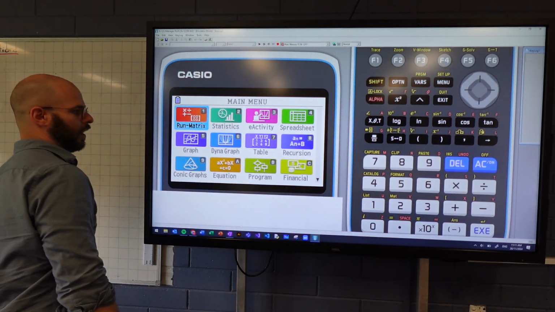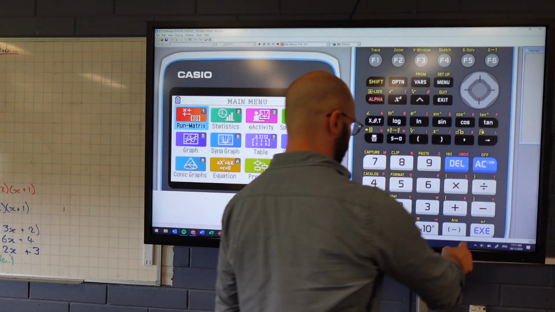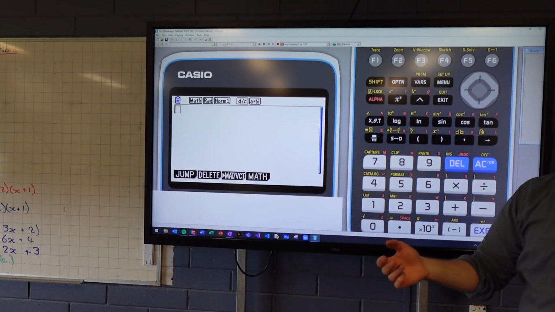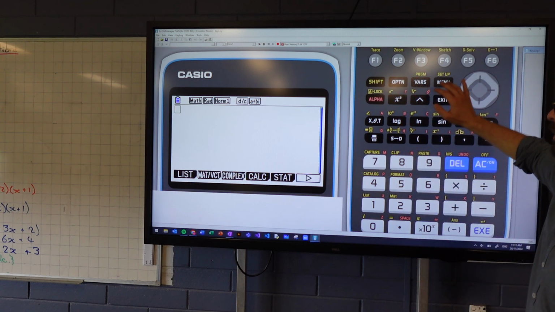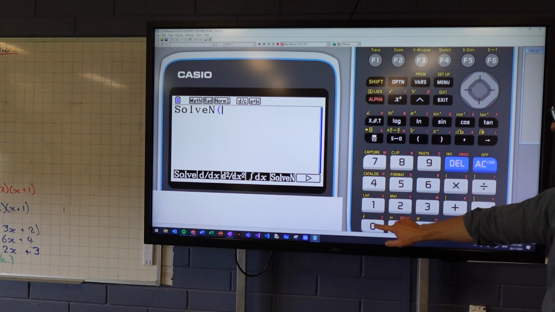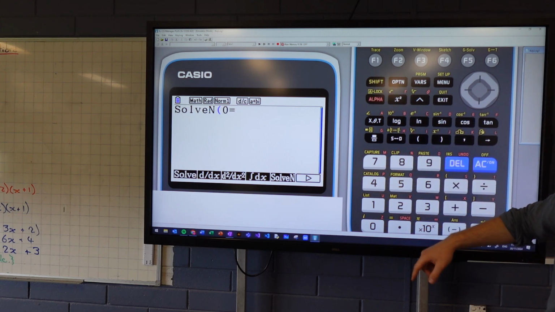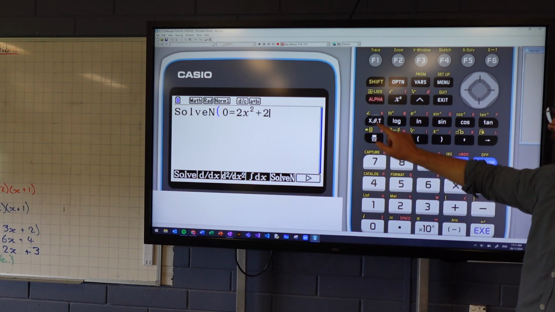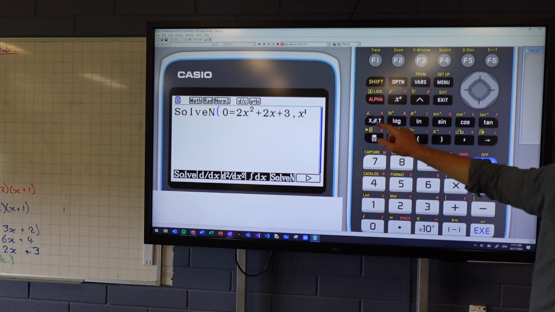That's pretty good. All right, so run matrix mode. You guys remember this from the other courses? Yeah. So it's options, calc, solve n, and then you just type it in. So 0 equals 2x squared plus 2x plus 3. We're solving for x.